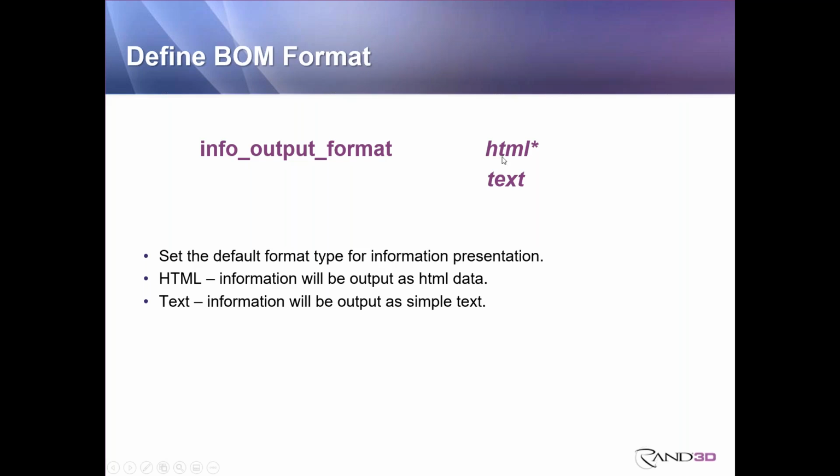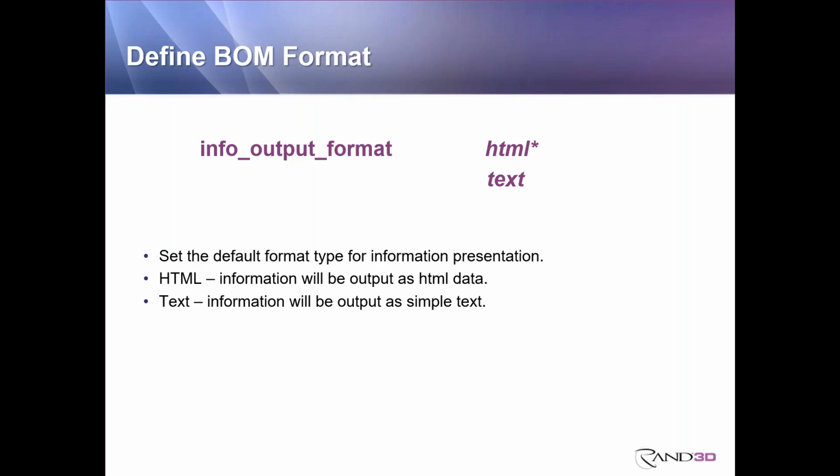Now, this little star right here is indicating the default assigned option from the software developer. So if you don't specify something different for the output format, the information that comes from your BOM report will come out as HTML, where the information will be output as an HTML data file.